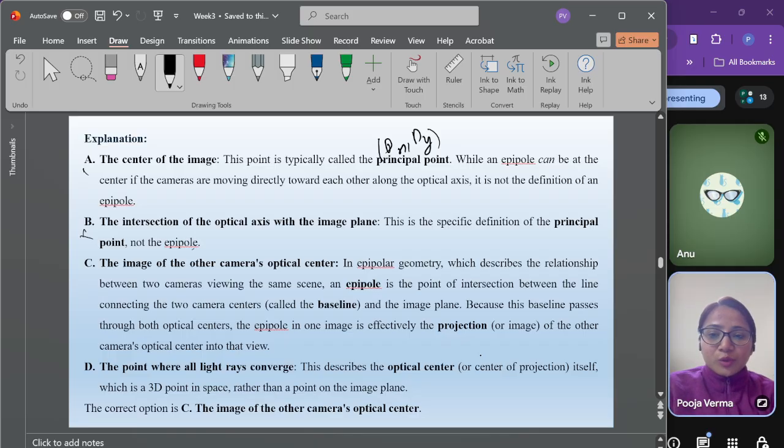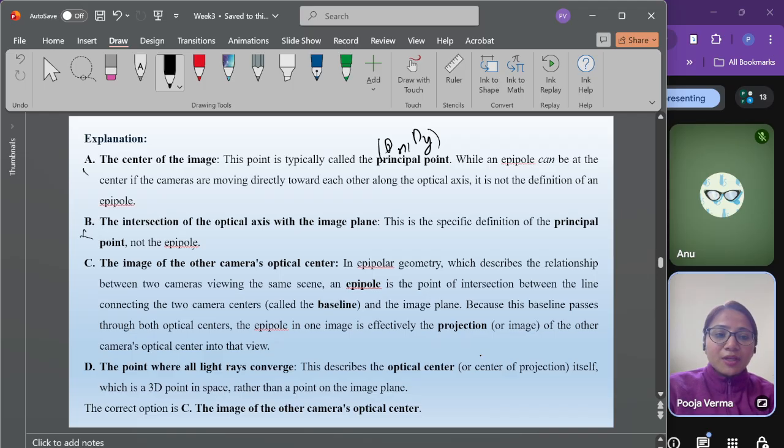Now the next option is option C, the image of the other camera's optical center. Epipolar geometry describes the relationship between two cameras viewing the same scene. An epipole is the point of intersection between the line connecting the two camera centers, called the baseline, and the image plane.